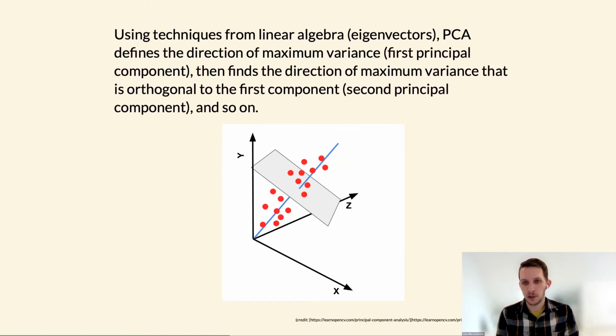Okay. After you have found this principal component, additional components are found that are orthogonal to this original direction. And so in this case, that's shown as a gray plane, which is orthogonal to the principal component. And the next component is called the second principal component, and the third principal component.